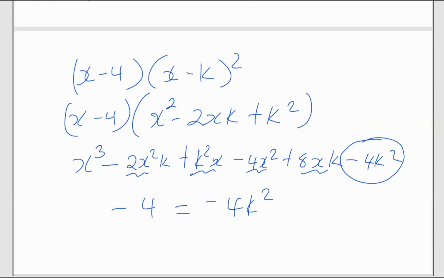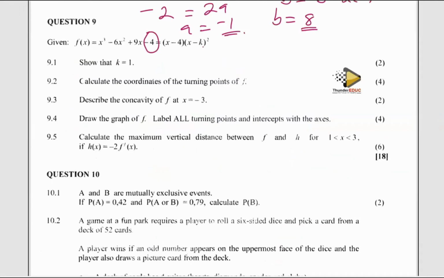I'll divide both sides by negative 4, which means k squared is 1, and then I'll find the square root, which means k is what? k is 1. There are other alternatives of how to do that. You can factorize this left-hand side and then do the equating, whereby the k will come out automatically from this side.